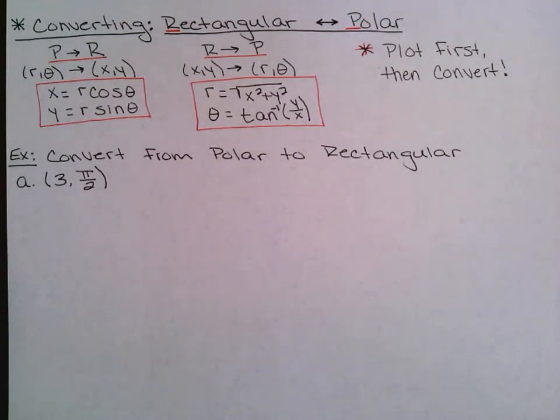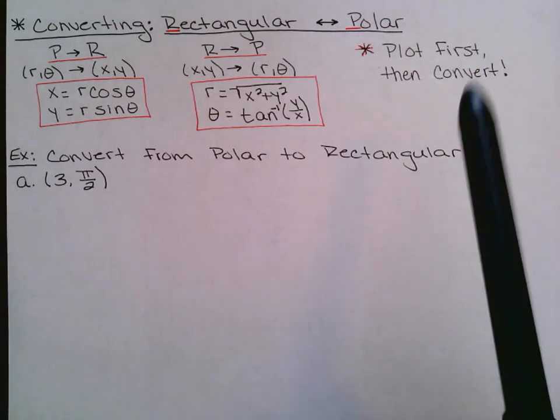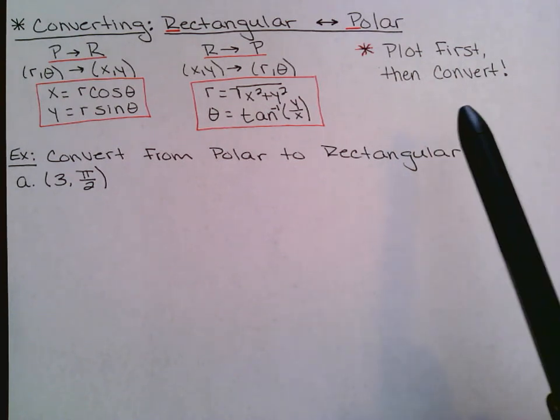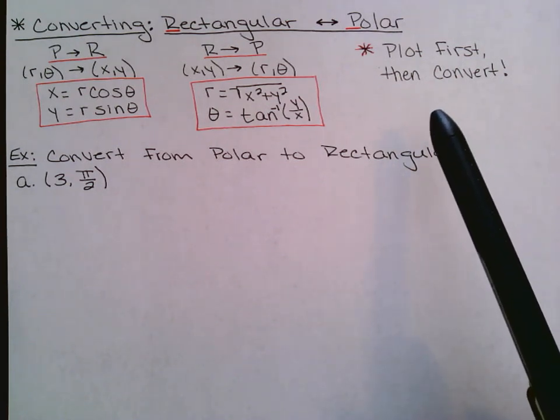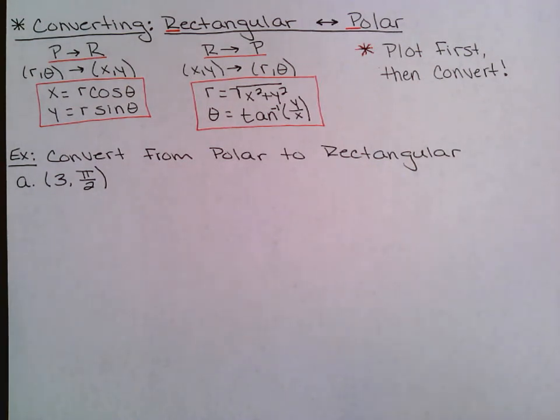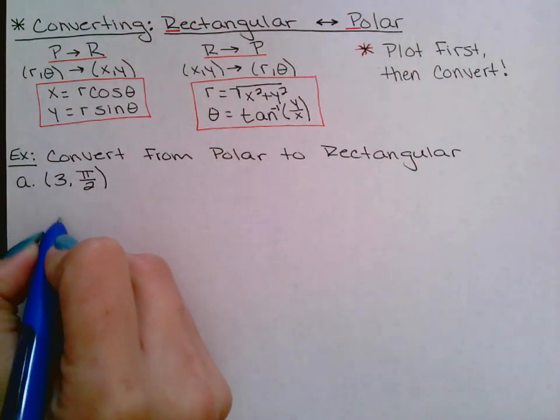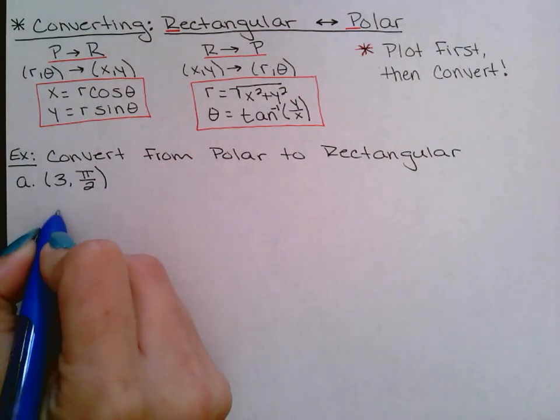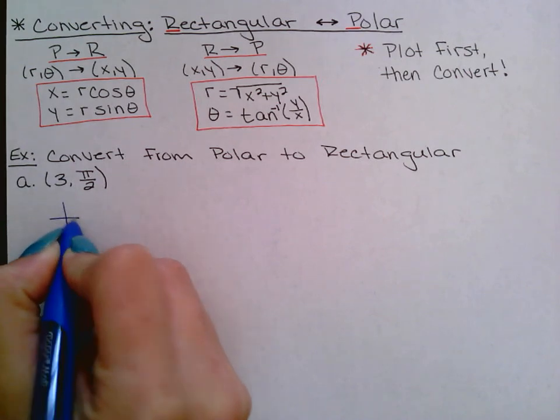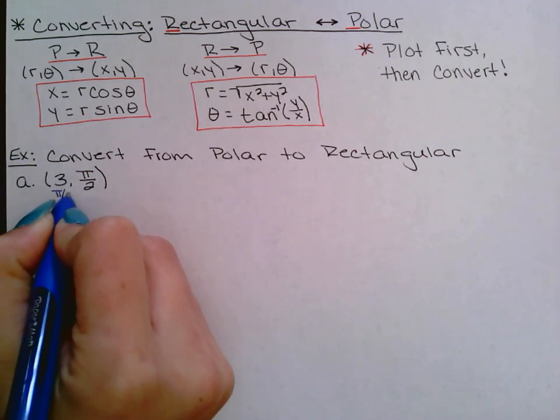Now, a big advantage that you can use is to plot this first and then convert, because when you plot, it's going to tell you what quadrant you are in to at least give you that idea of what numbers to be looking for. So let's check this one out. Okay, I know that if I'm plotting, pi over 2 is on the top. Okay, here's my pi over 2.